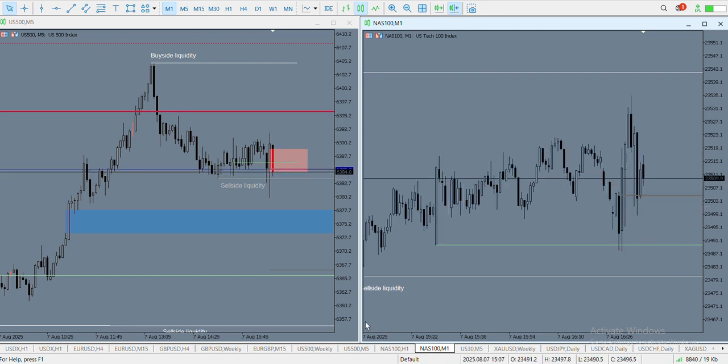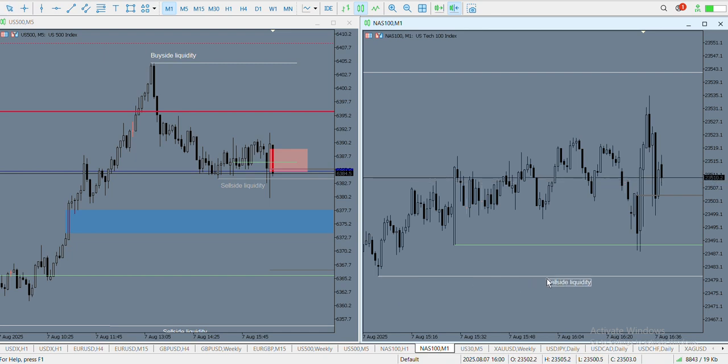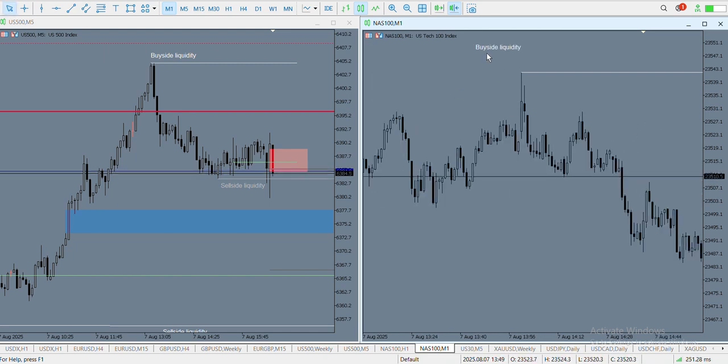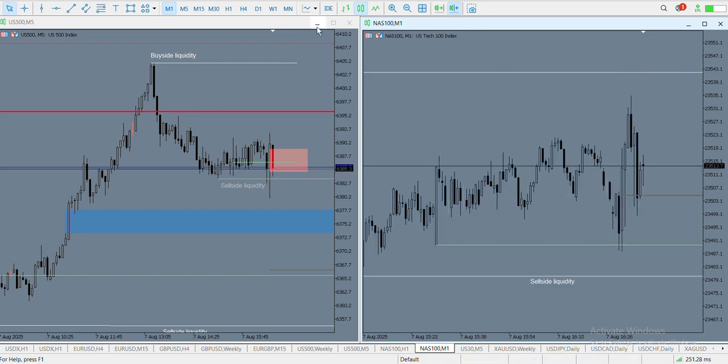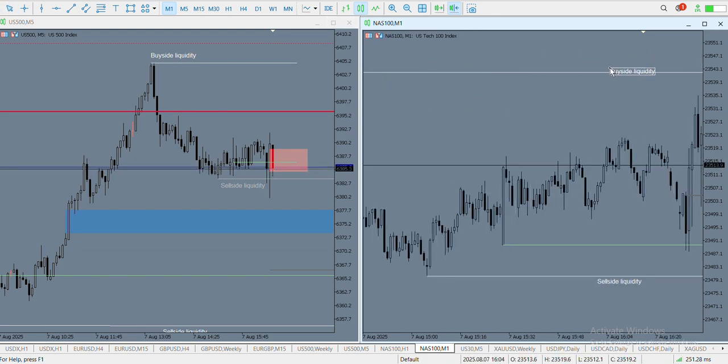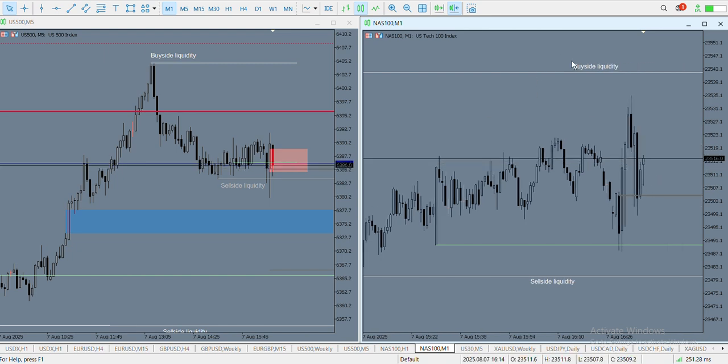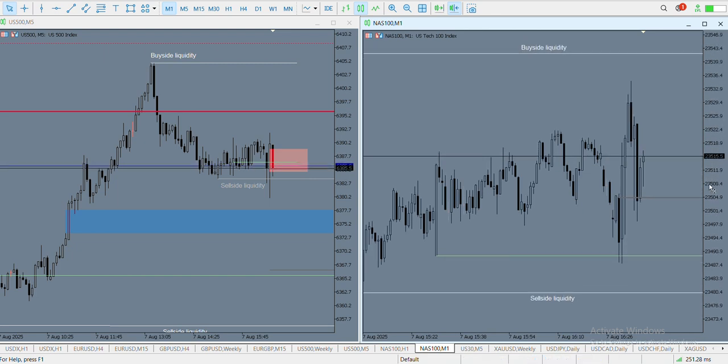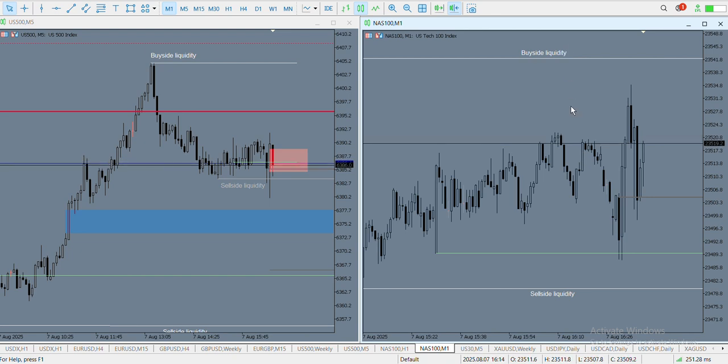So looking at the 1 minute chart, you can see the sell side is here, buy side is right here. So these are the 2 price points that will trigger a movement in Nasdaq.